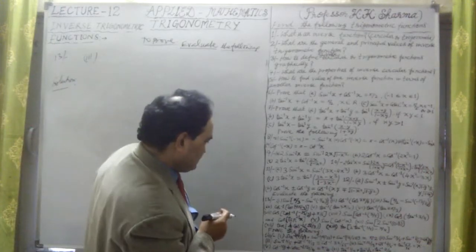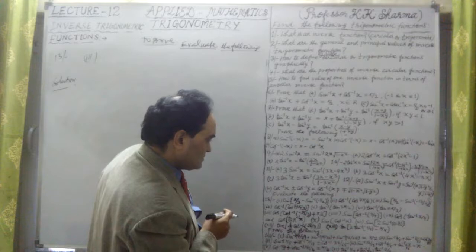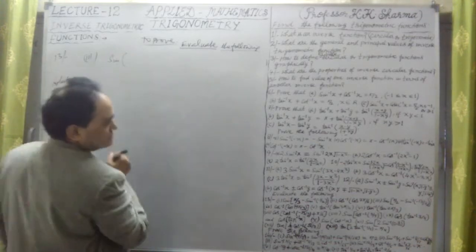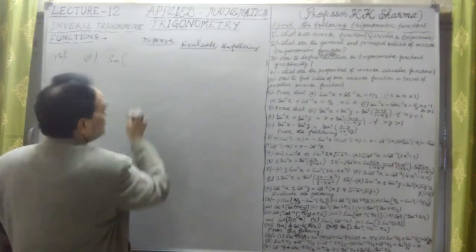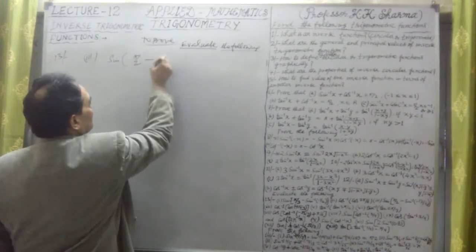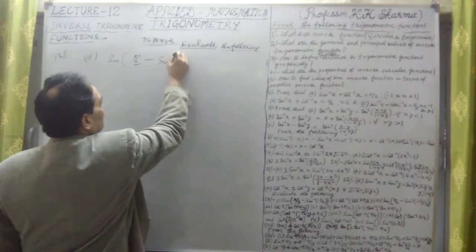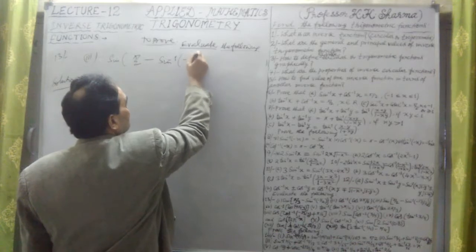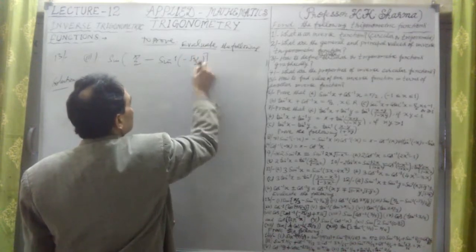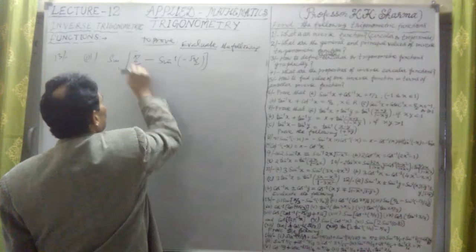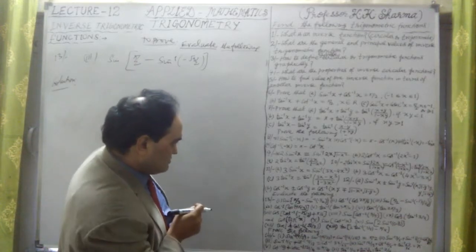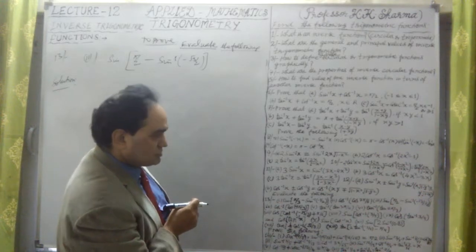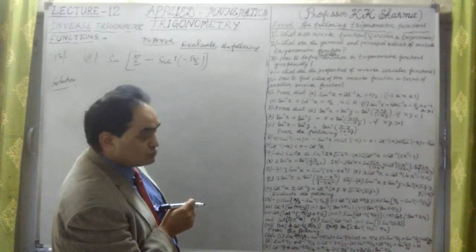Part 3 says sine of pi by 2 minus sine inverse of minus root 3 by 2. Okay, this is the value here. This is part number 3: sine of pi by 2 minus sine inverse minus root 3 by 2.